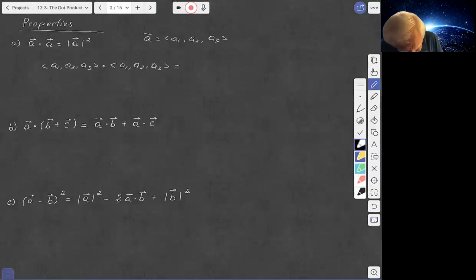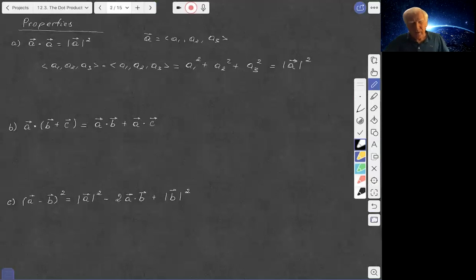That is equal to A1 squared plus A2 squared plus A3 squared. And you see that this is nothing else but the magnitude of A raised to the second power.